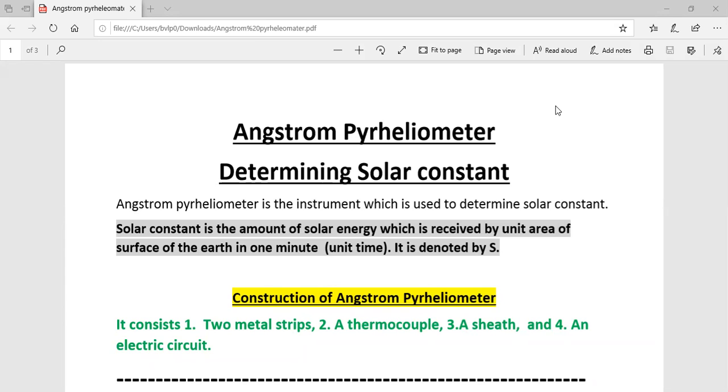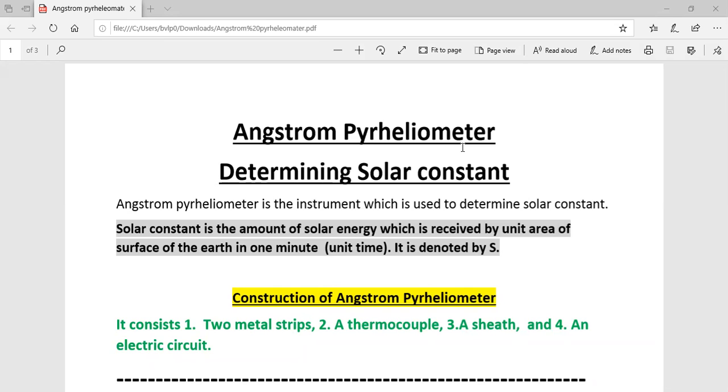So this solar constant is generally denoted by S, and we can calculate it using an instrument called the Angstrom pyrheliometer. This is used to determine the solar constant.